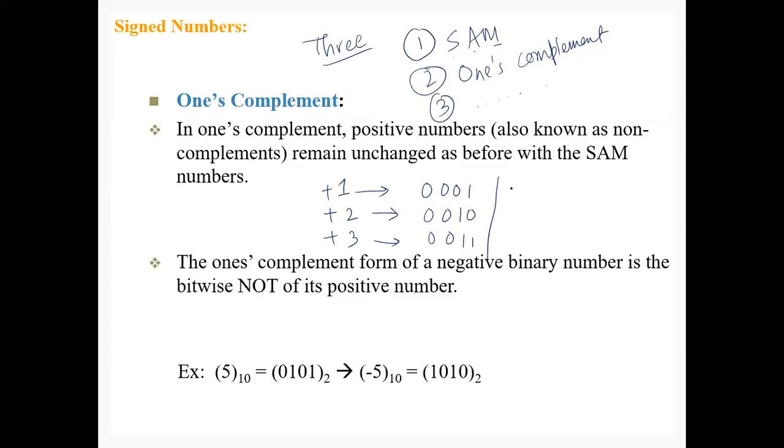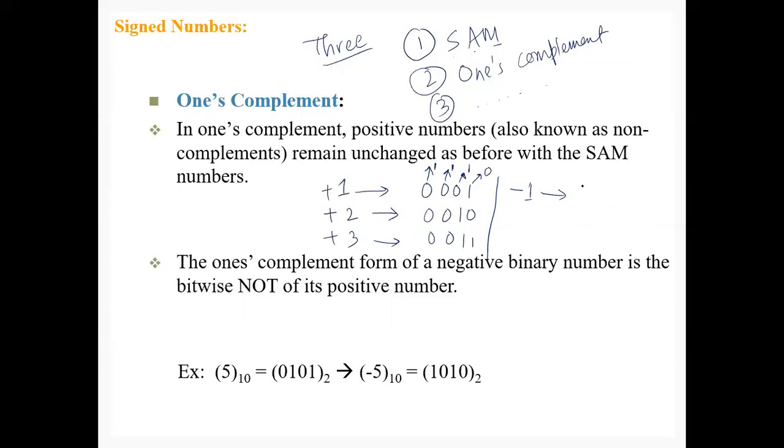So how about negative 1? If you want to represent negative 1, what do you do? You negate everything there. This 0 becomes 1, this 0 becomes 1, this 0 becomes 1, and 1 becomes 0.